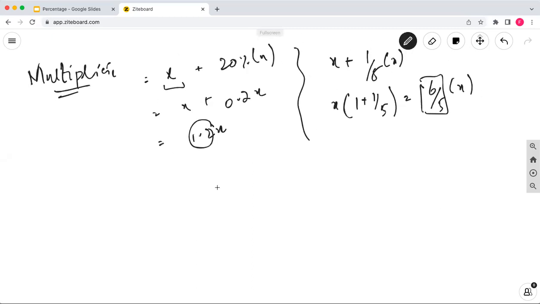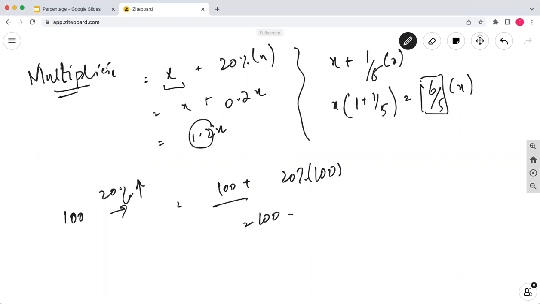I'm again giving a simple example. I have 100, and if I want to increase this number by 20%, what is the next value? I'm increasing this value by 20%. 120. 120, right? So this will be 100 plus 20% of 100.